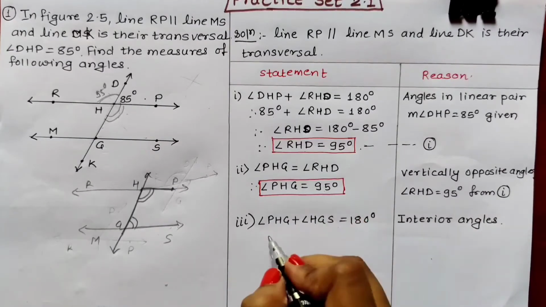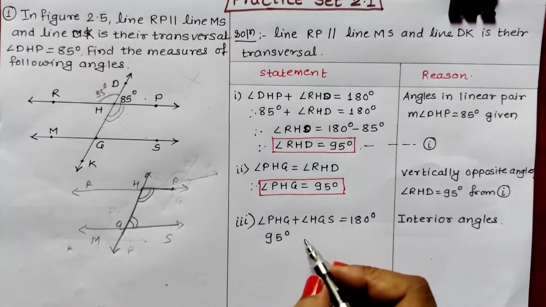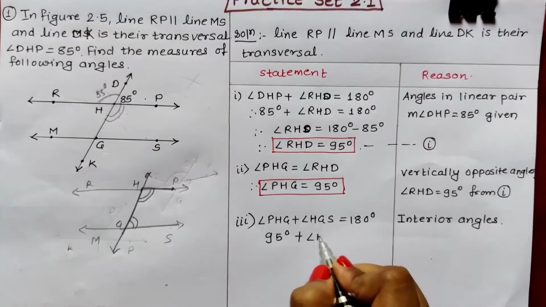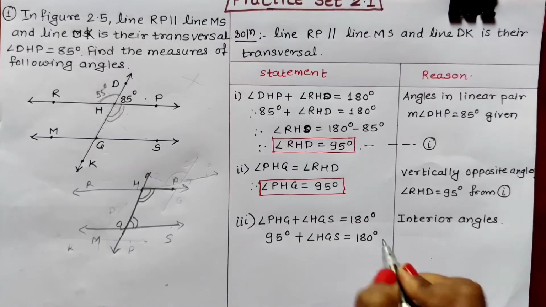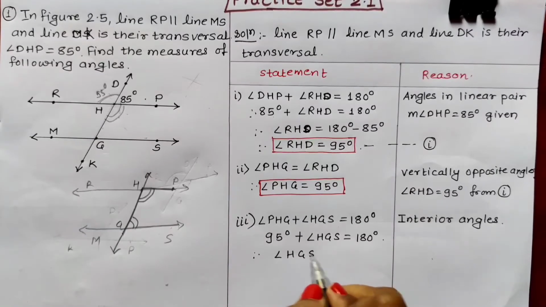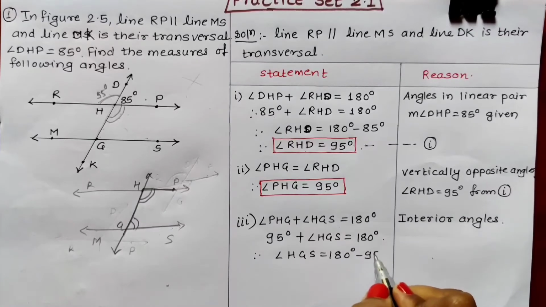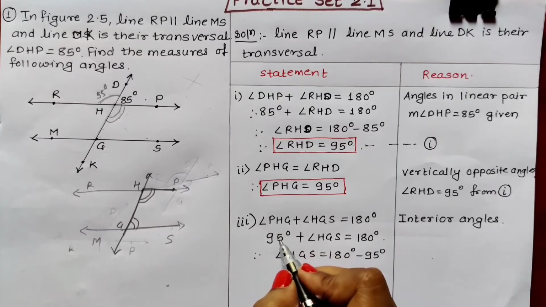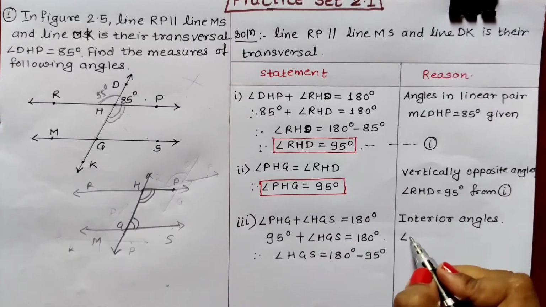PHG we have got 95, and HGS we will have to find out, is equal to 180 degree, and therefore HGS is equal to 180 degree minus 95 degree. Now here PHG is 95, we have just got in the second one.